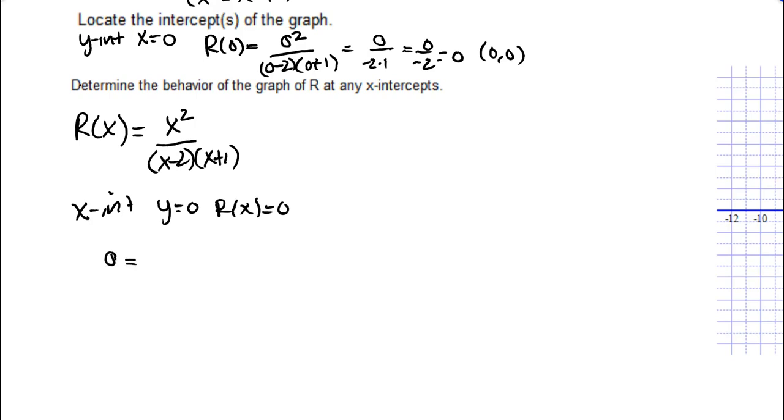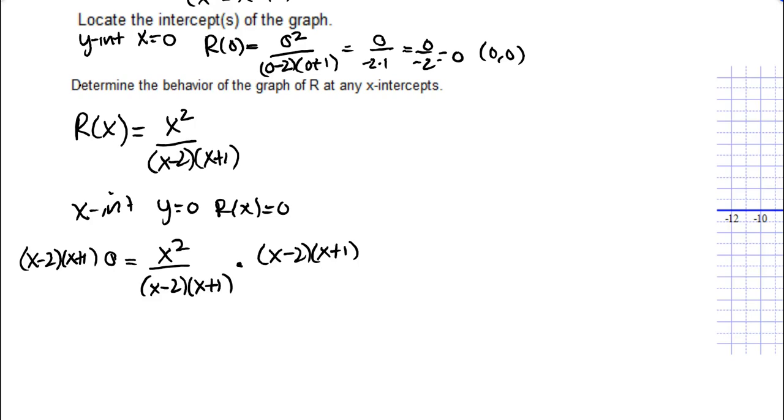That's 0 equals x squared over x minus 2, x plus 1. We can solve this by multiplying both sides by x minus 2 times x plus 1. On the left, 0 times anything is 0. On the right, x minus 2 cancels, x plus 1 cancels, and I get x squared equals 0. And that gives me x equals 0.